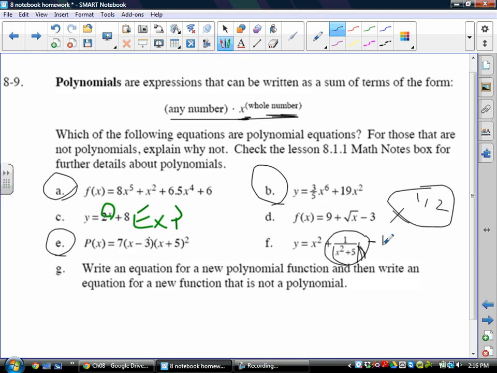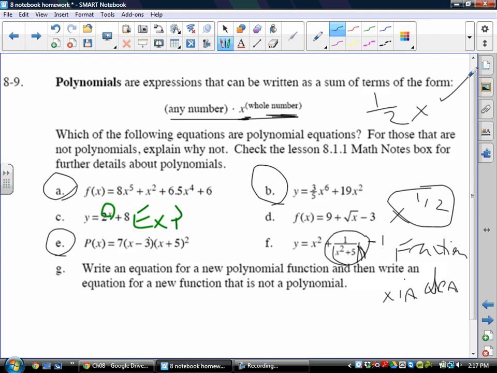So this one is also no because it is a fraction with x on the bottom. You can't have that x in the denominator. We could have a fraction times x, that would be okay, but we can't have x in the denominator of the fraction.